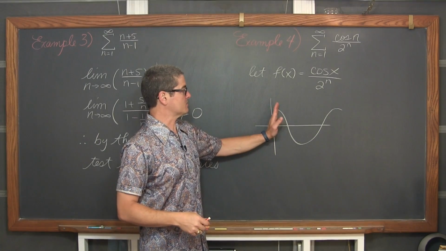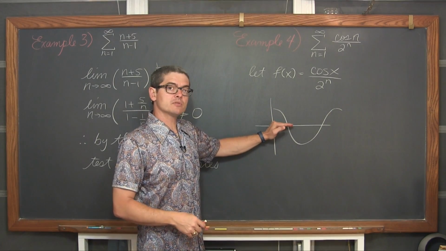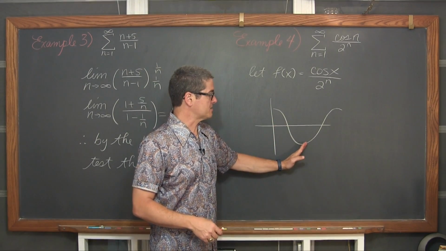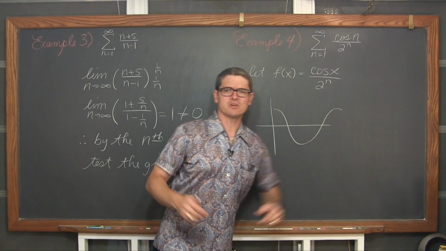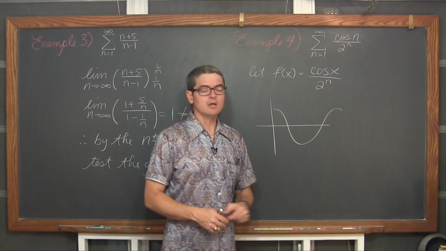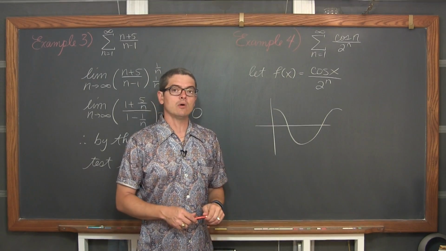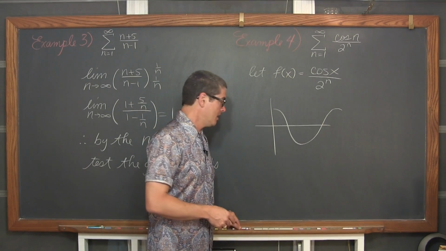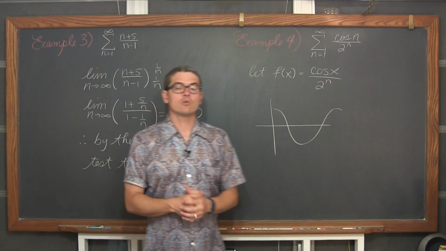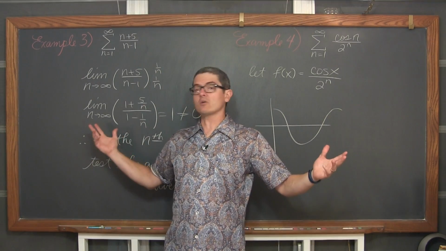The cosine of 0 is 1, the cosine of pi over 2 is 0, the cosine of pi is -1, and so on. You know what the cosine function looks like. It alternates between being positive and negative. So f of x is not going to be positive for all x greater than or equal to 1. And that is our last two examples.